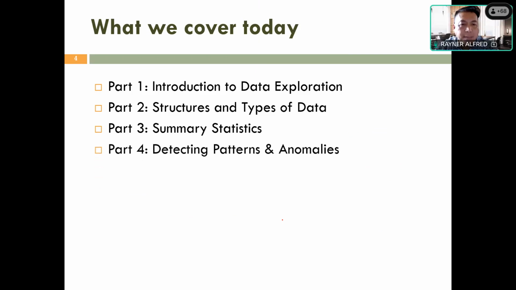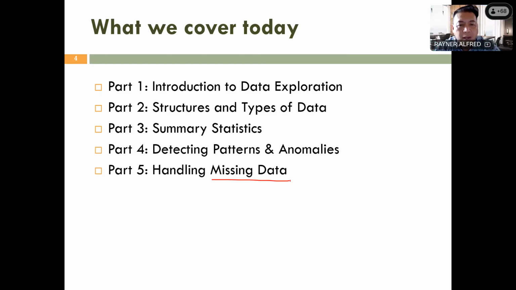And then how do we detect patterns and anomalies? And lastly, how do we handle missing data? Because in most cases, we will have missing data due to a few reasons. We will look into this in detail. So let's take a look at the first one. What is data exploration?